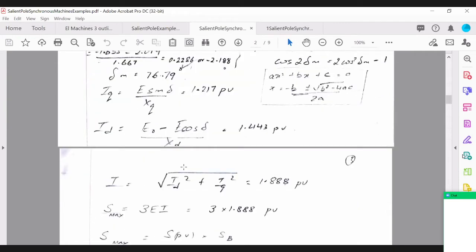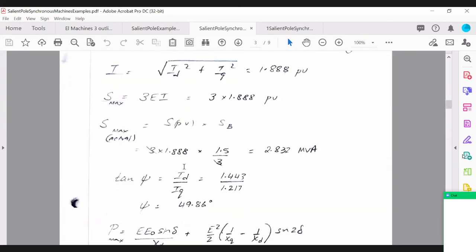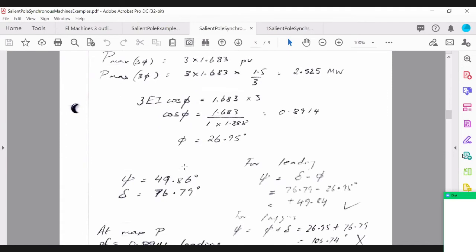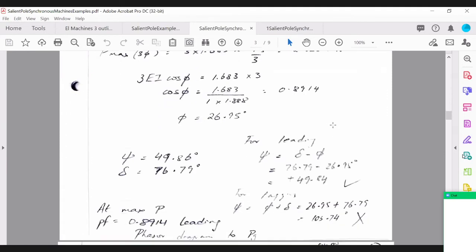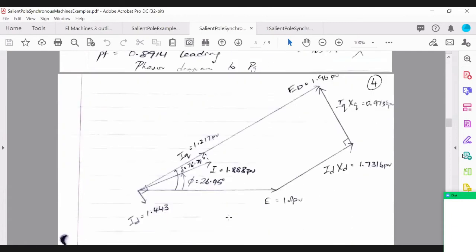And from the calculation, we worked out that the generator has to operate in leading power factor mode to achieve this particular load angle. And we worked out the power factor of the machine, as well as drew the phasor diagram for leading power factor mode.